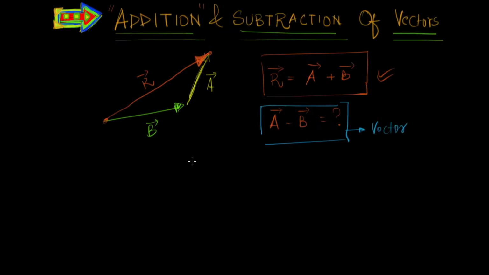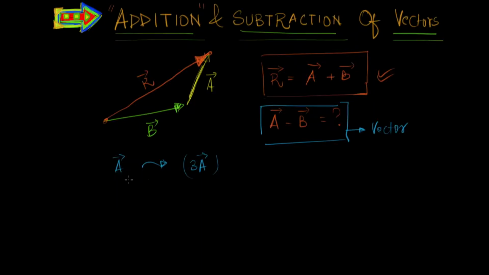So this is something that the rules of vector addition and subtraction tell us, that if you perform any addition or subtraction on a vector, that still yields a vector. And not only that, if you have a vector A and then you transform it as, say, 3 times A, then that is still a vector.